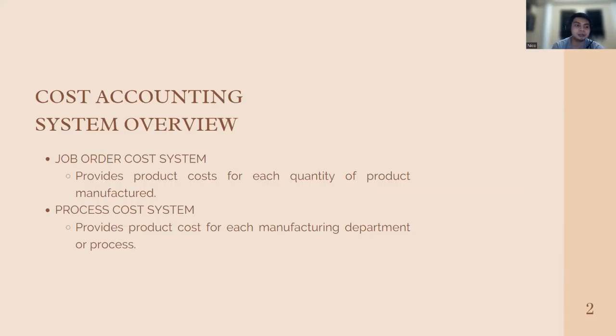So let's take, for example, Paul Stanley's guitar. Paul Stanley is a member of the legendary band Kiss. They are custom-made guitars built by Washburn Guitars. Manufacturers that use this job order cost system are sometimes called job shops.